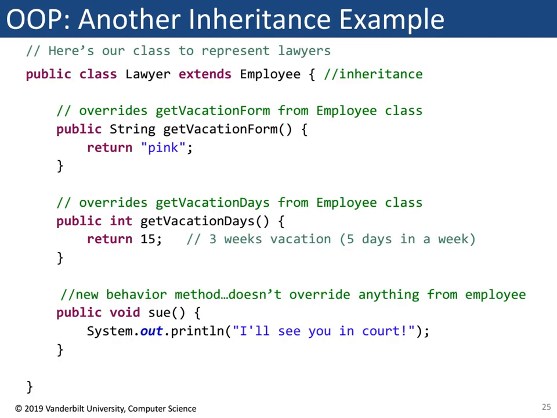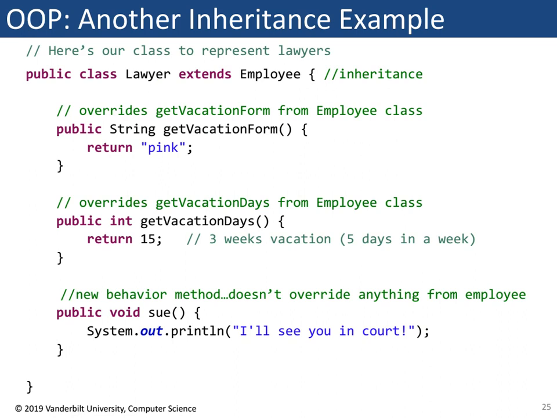So here's what our lawyer class would look like in code. We have public class lawyer extends employee. So lawyer is going to inherit the superclass behavior and data, the methods and variables from employee. But we're going to have to override some of the behaviors because they're incorrect for lawyers. A general employee, when you call get vacation form, is going to return yellow.